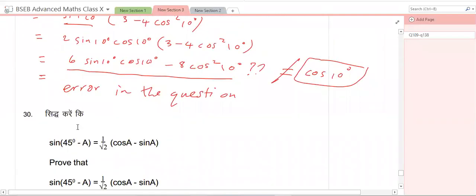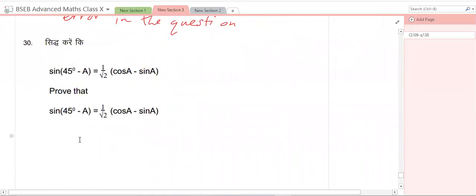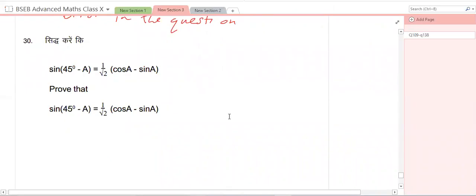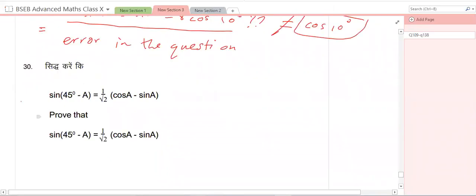Right, moving on to question number 30. In question number 30, what we have here is sine of 45 degrees minus a should be equal to 1 over root 2 cos a minus sine a.